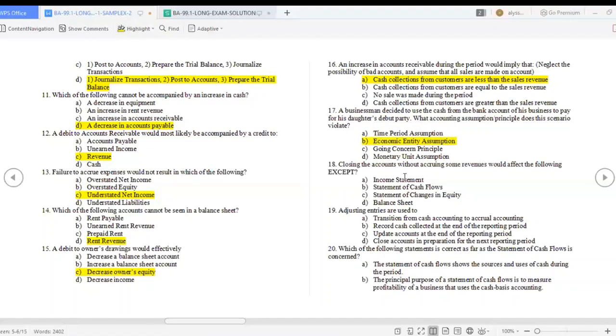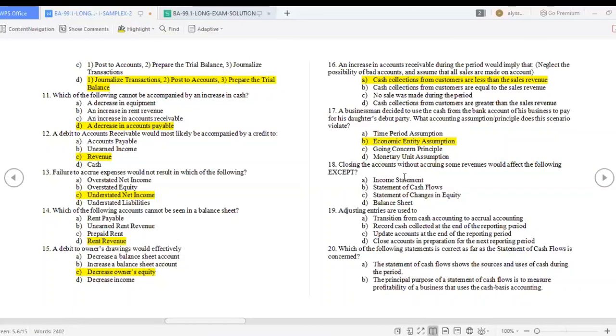So number 18, closing the accounts without accruing some revenues would affect the following, except. So when you don't accrue revenue, income statement would be understated since kulang yung income mo.